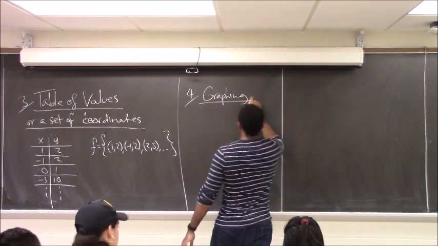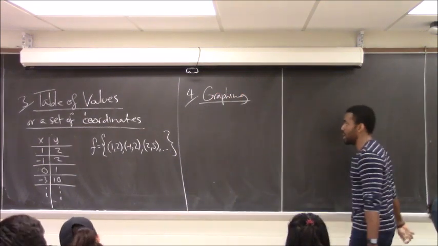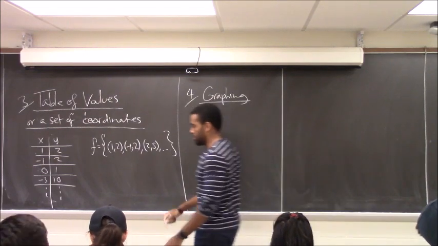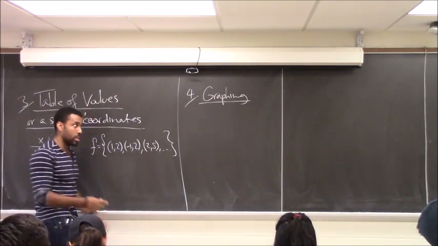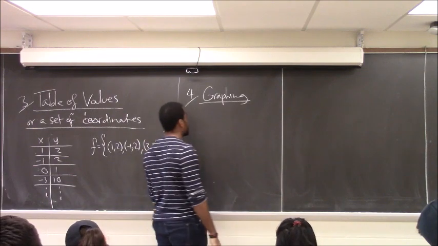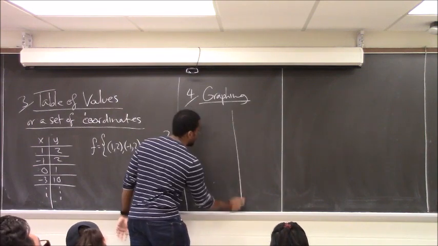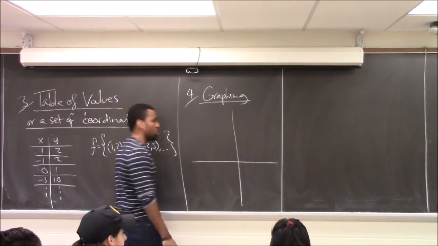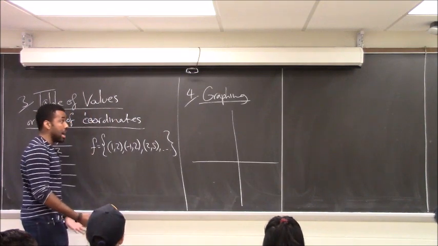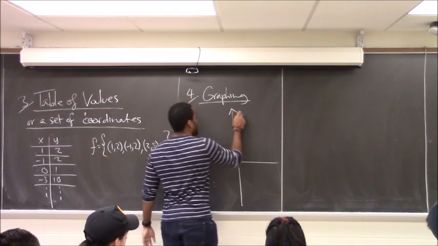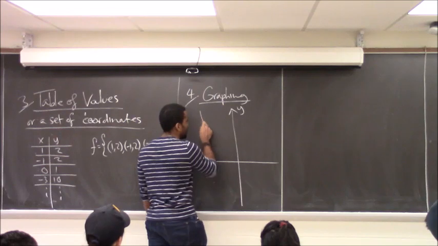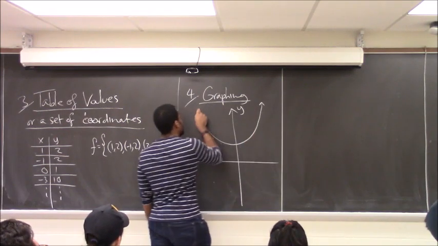This is when you draw the picture of the function. So thank God in the 1700s, the philosopher Descartes figured out a way that we can visualize, almost quite literally, what equations would look like if they were to have a picture. So this particular one would look like that. That would be the picture.